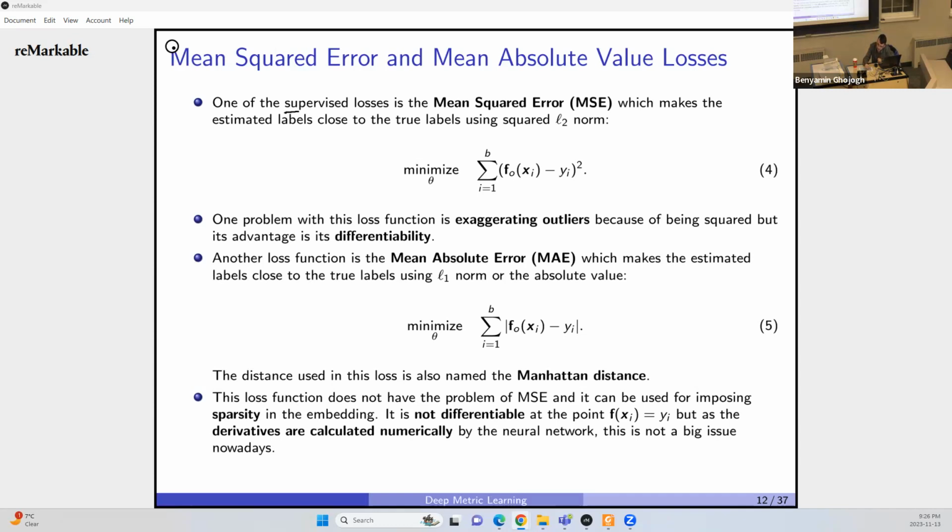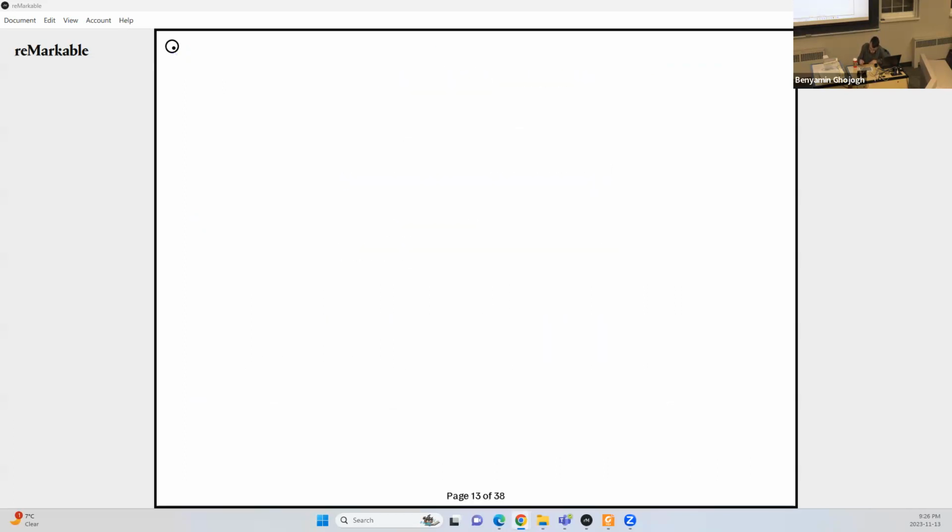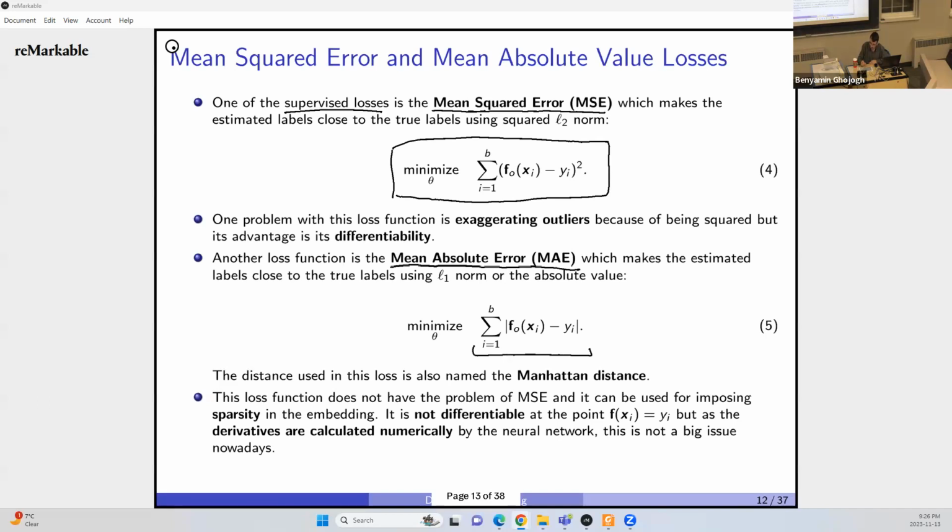One of the supervised loss functions is mean squared error. When is it used a lot? When the labels are continuous, for regression, because you want to reduce the error between the continuous labels. Another one is mean absolute error, which uses the L1 norm, while this one is the L2 norm.